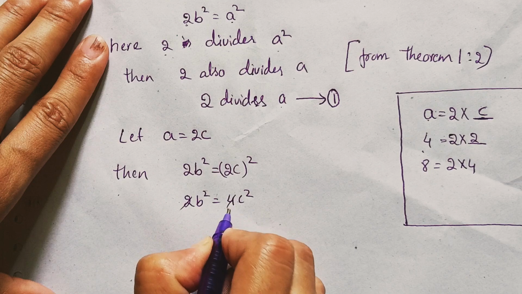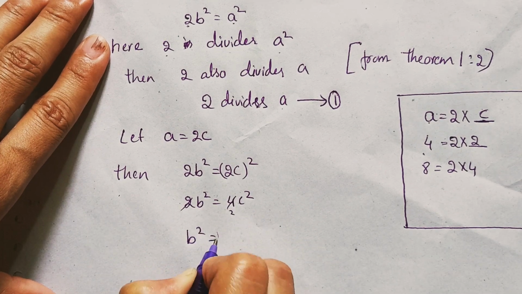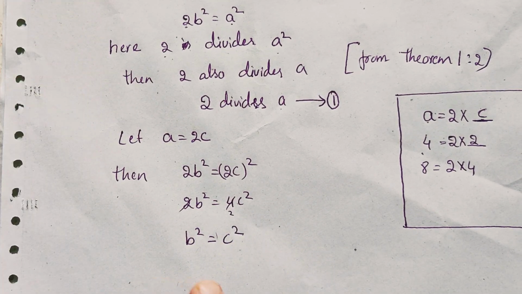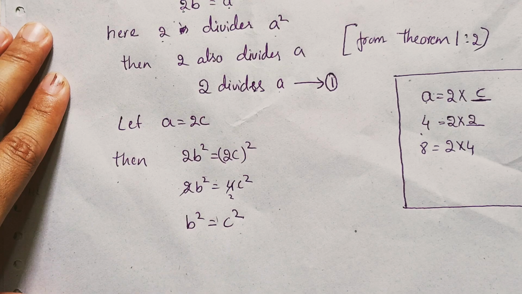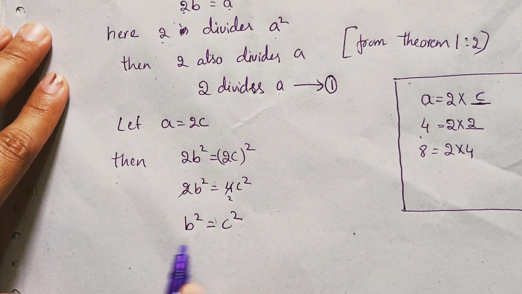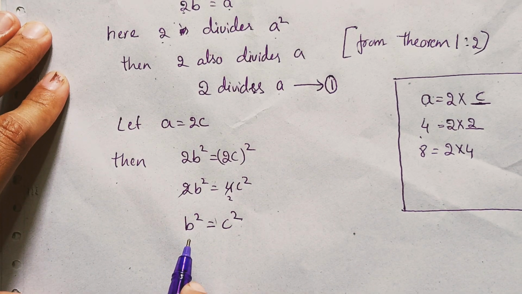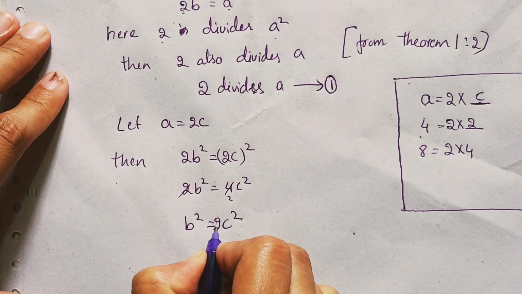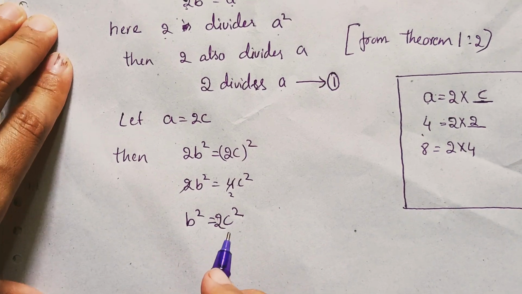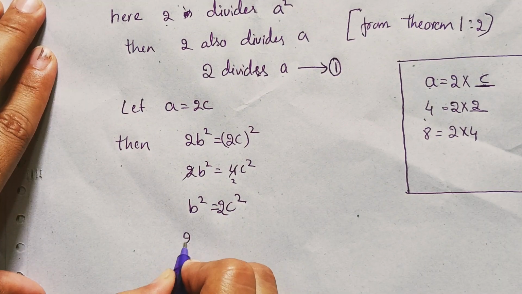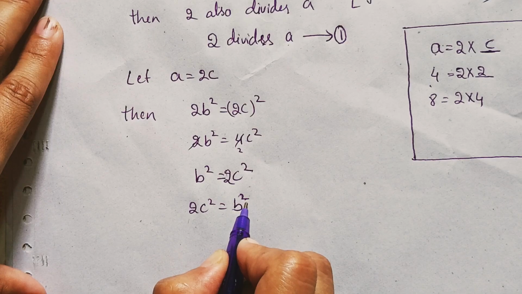Here 2 ones are 2, so b square equals 2c square. So we can write 2c square equals b square.